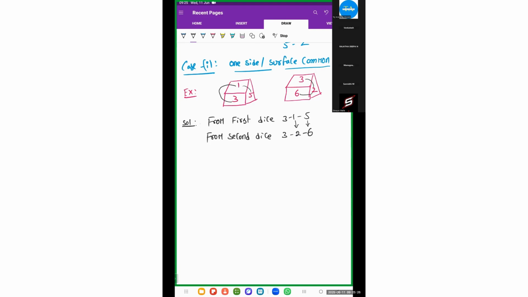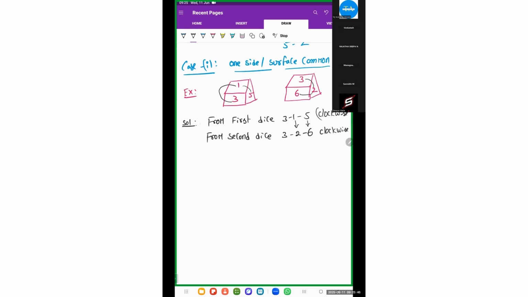When one side is common, we write in the clockwise direction.